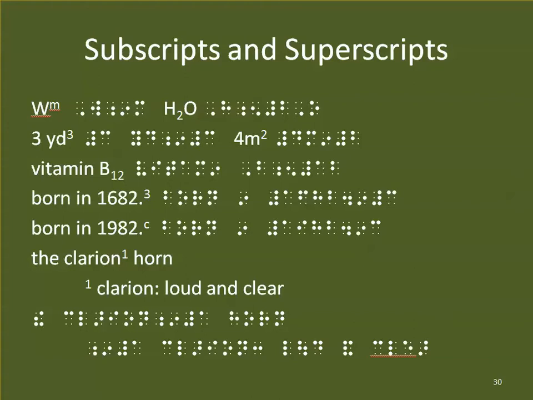And in Braille we have the clarion in the text. So we're in grade 2 or contracted Braille. So we need that grade 1 mode indicator there in front of the superscript indicator. Then our number 1 horn, that's the text. Then the actual note shows that same configuration. Grade 1 mode indicator, superscript indicator, numeric mode indicator, 1, clarion.